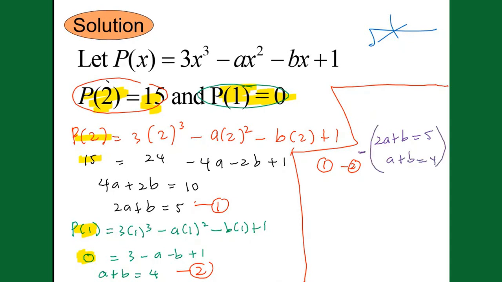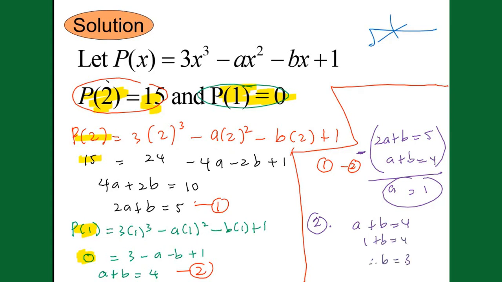Minus. 2A minus A, B minus B, 0, 5 minus 1. So A is equal to 1. Then substitute into the equation: A plus B is equal to 4. 1 plus B is equal to 4. Therefore, B is equal to 3. So, find value A and B. Done. Settle.